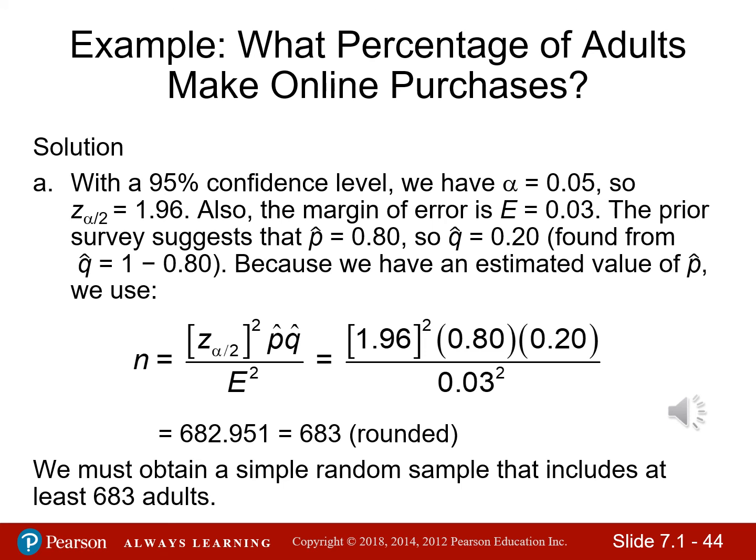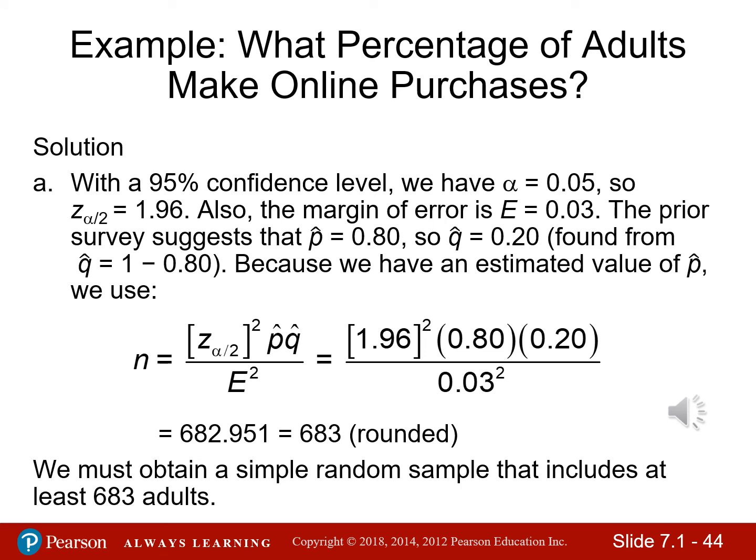The prior survey suggests that p hat equals 0.8. So q hat is equal to 0.2. We found this from the formula q hat equals 1 minus p hat.